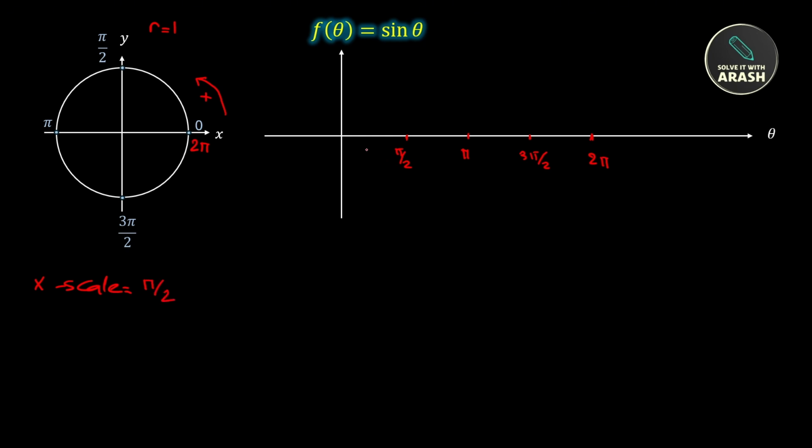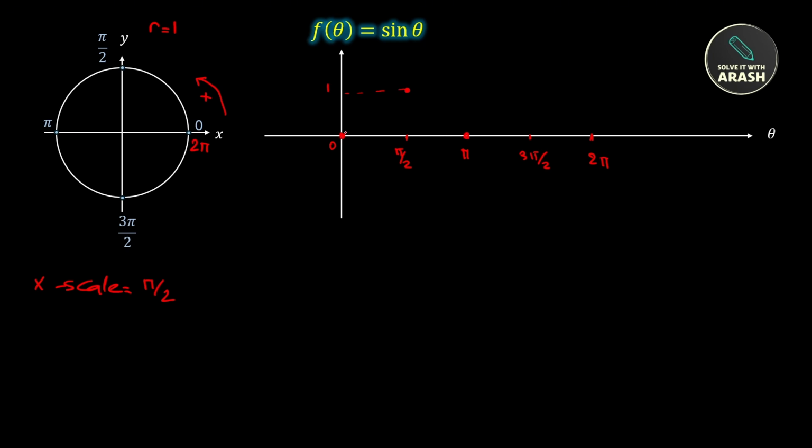Now I'm going to find sine for each of these angles. Starting from 0, I know y equals 0, so sine of theta is 0. That's the first point. The second point happens at pi over 2, where sine is its maximum value of positive 1. So that's going to be up here. And then at pi, sine is 0, going down to 0.